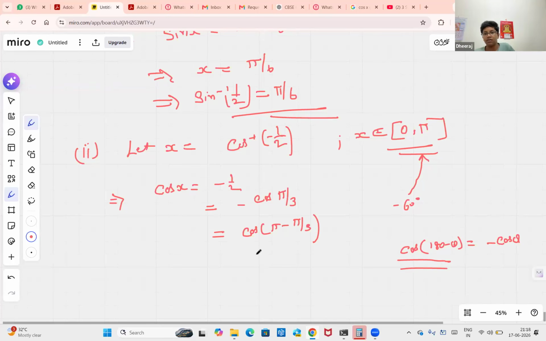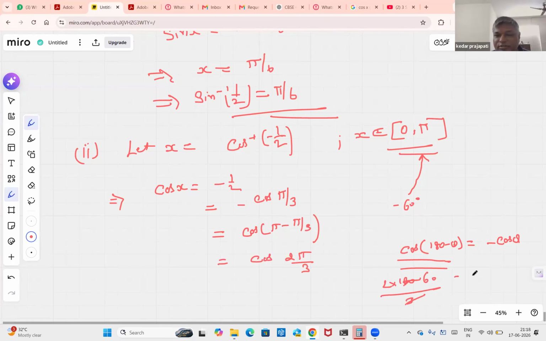Okay. So take the LCM. This will be 3 pi minus pi, that is 2 pi by 3. Now I have to check whether 2 pi by 3 is lying in 0 and pi or not. What is 2 into 60? 120.